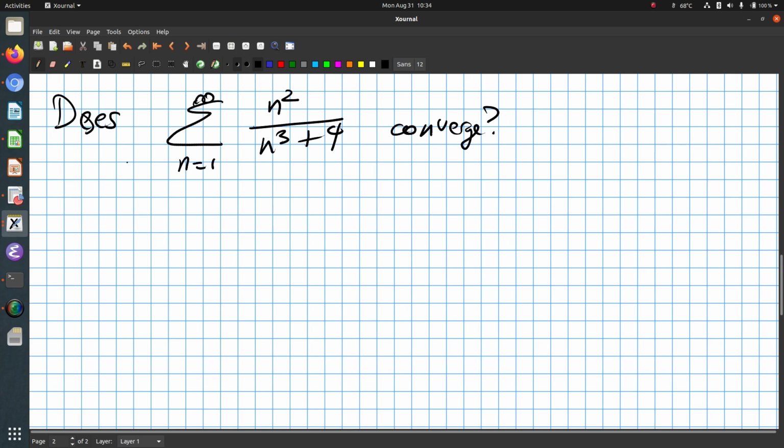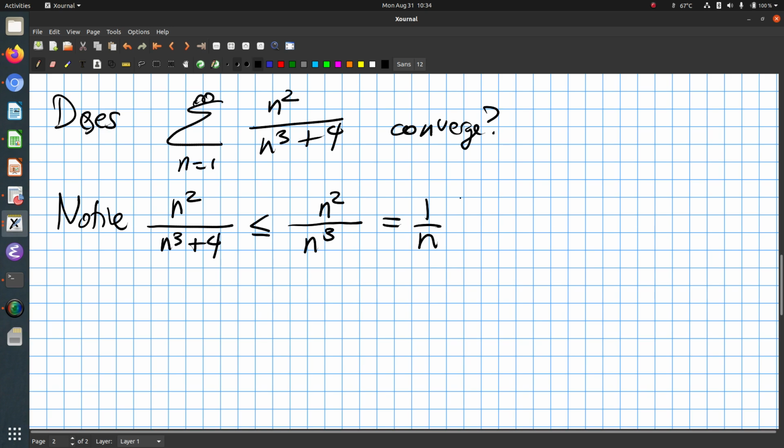Okay, well, we could do the same kind of thing. And get rid of that 4 in the denominator, we get something bigger. And so we could write a similar statement that we had just a moment ago.